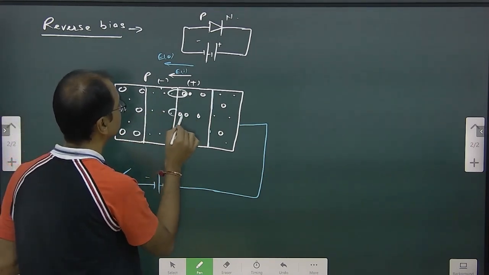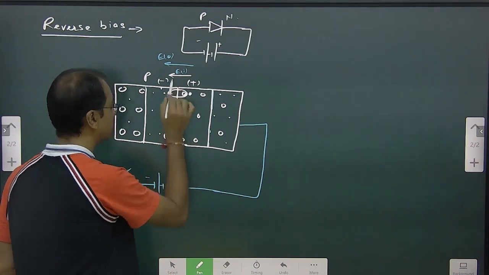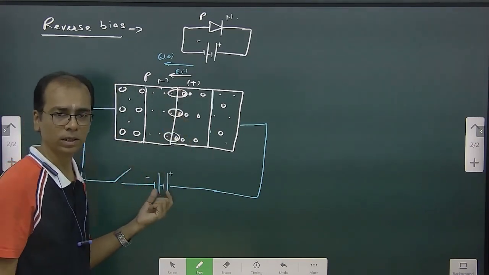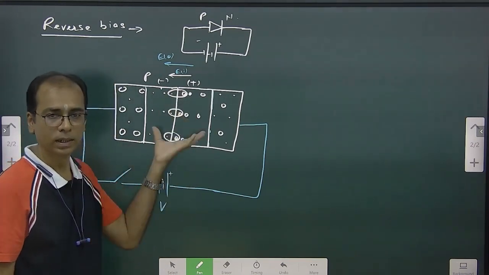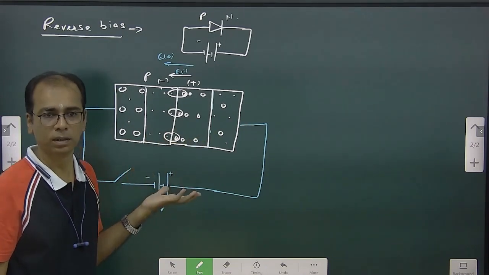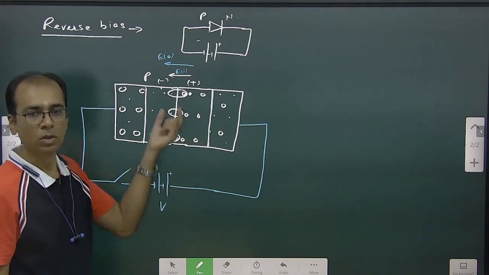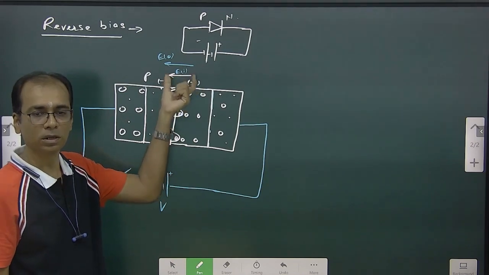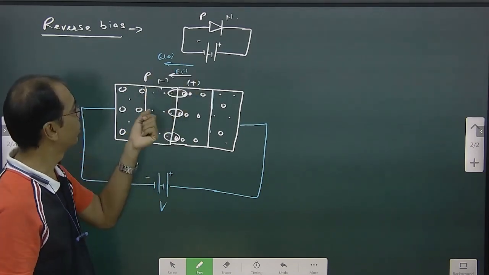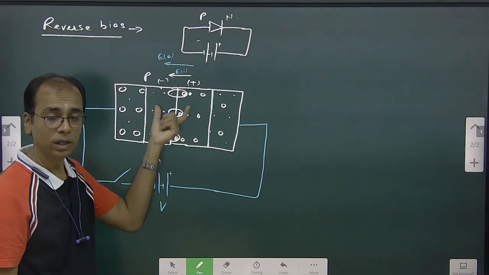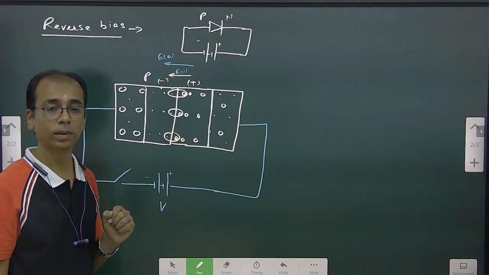Okay, so because of this electric field, you can see that I am going to increase it continuously, unless I get current, because I want current, so I keep on increasing. At such a stage, when the electric field that you have applied from outside is able to break these covalent bonds, what will happen?